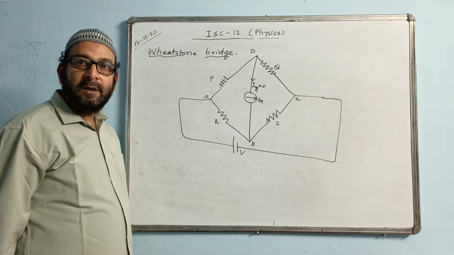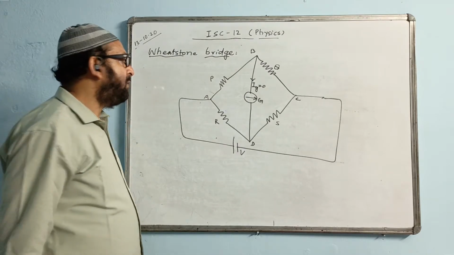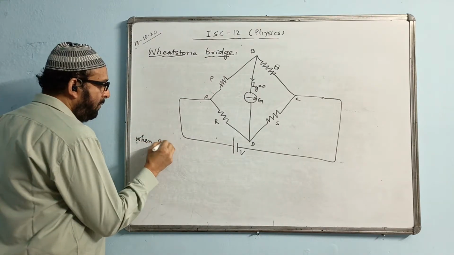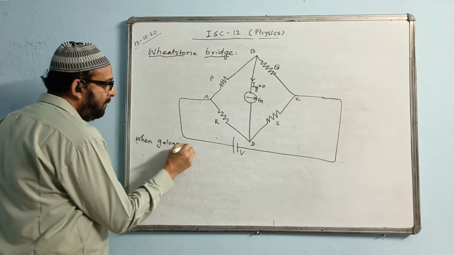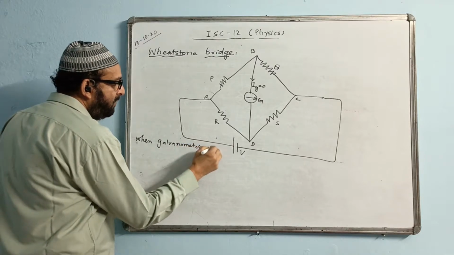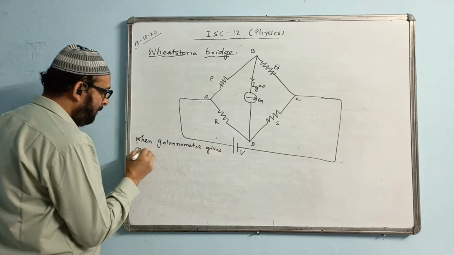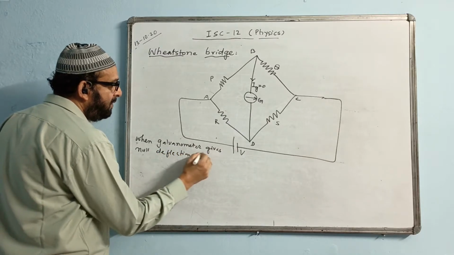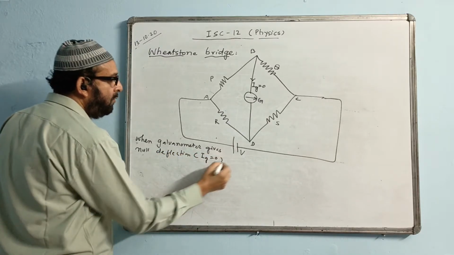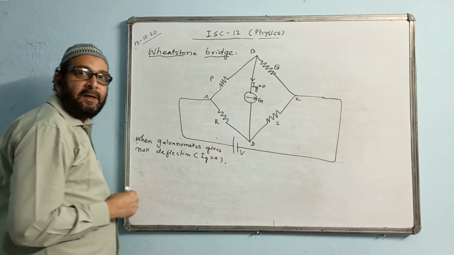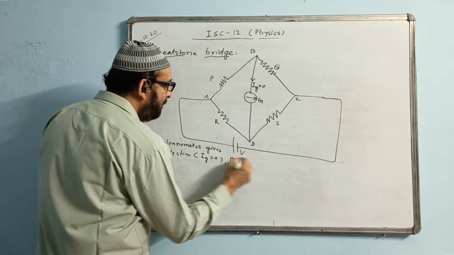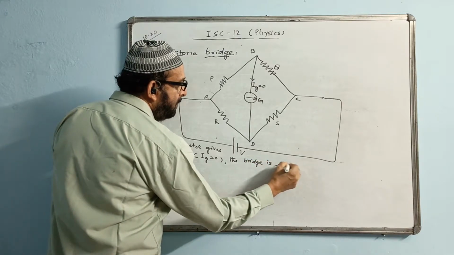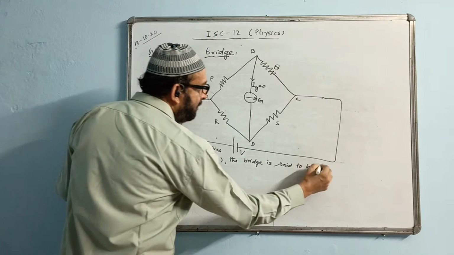When the galvanometer gives 0 deflection, null deflection, like Ig equal to 0, the bridge is said to be balanced.